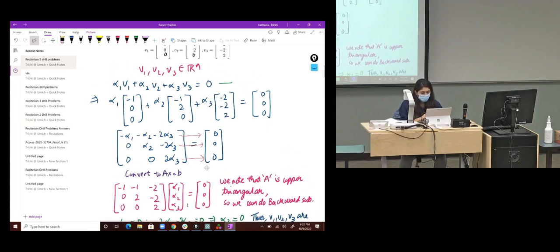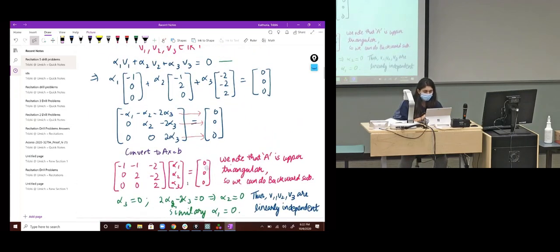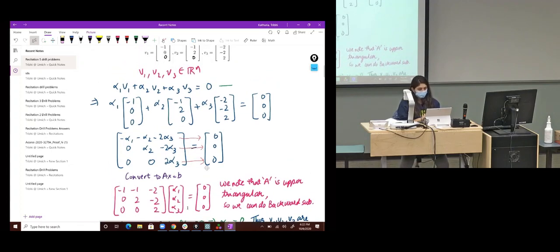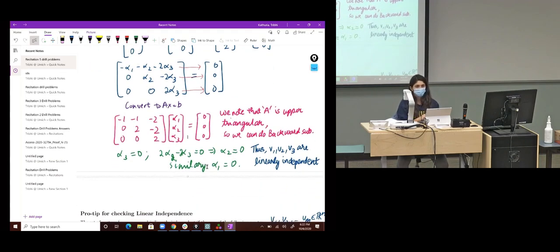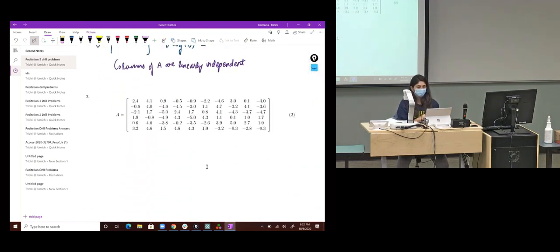This is a lot harder to even do in Julia, because you'd essentially be solving for alpha 1, alpha 2, alpha 3, which is counterintuitive, and then you have to do forward substitution and then backward substitution. It's just so much longer. It's so much easier to just use the pro tip that we have, and that's why it's called a pro tip.